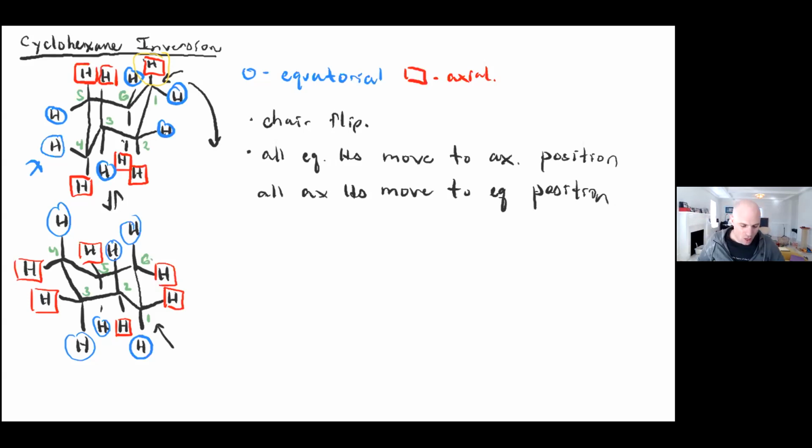Okay, so all equatorial hydrogens in one conformer move to the axial position in the other, and vice versa.